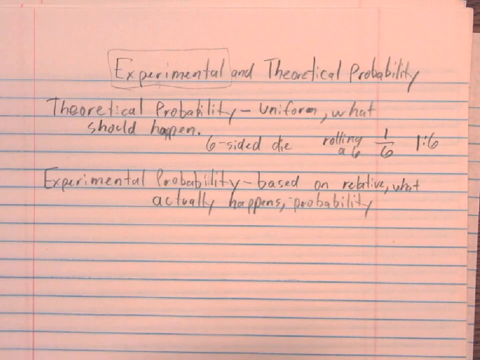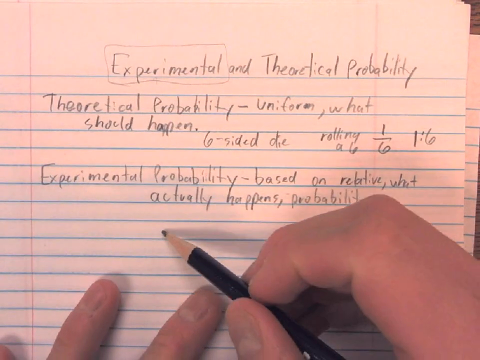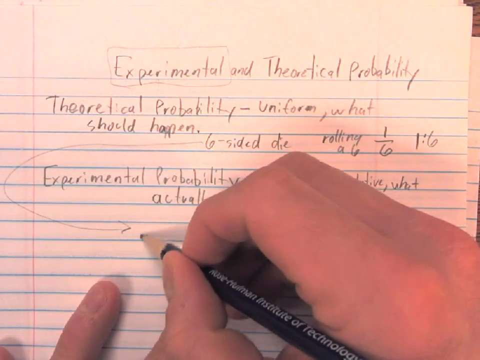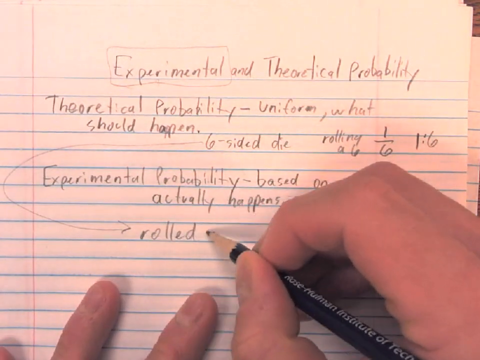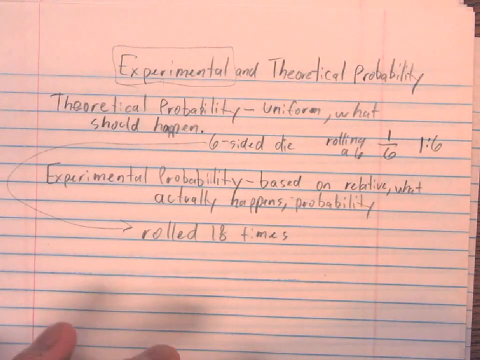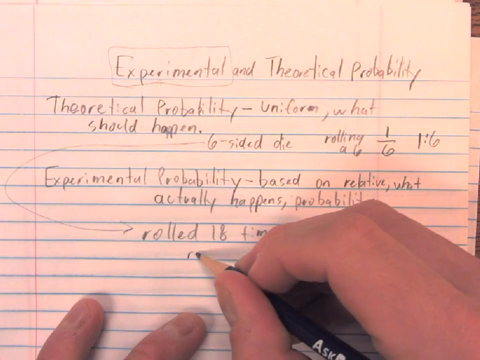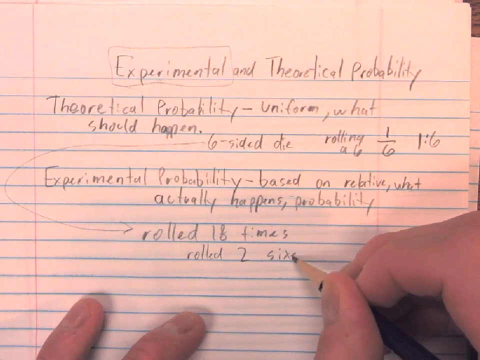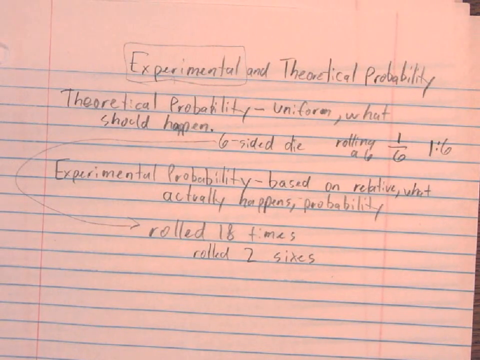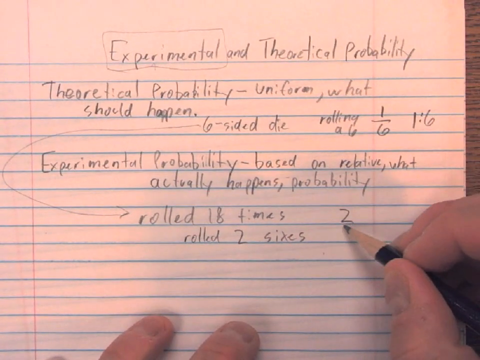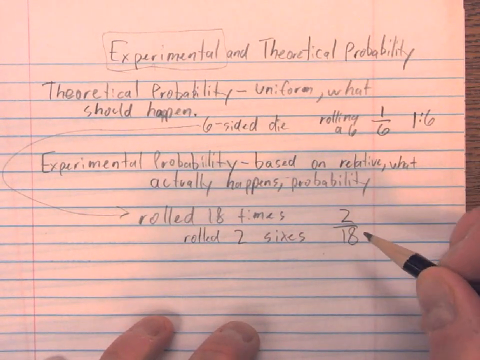So if we actually roll the die, we'll say we rolled it 18 times. Out of those 18 times, we rolled 2 sixes. So the experimental probability says that I got 2 out of 18.